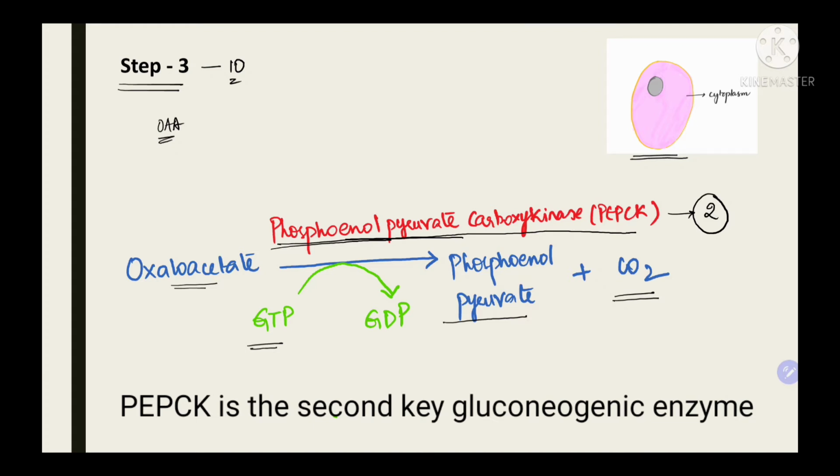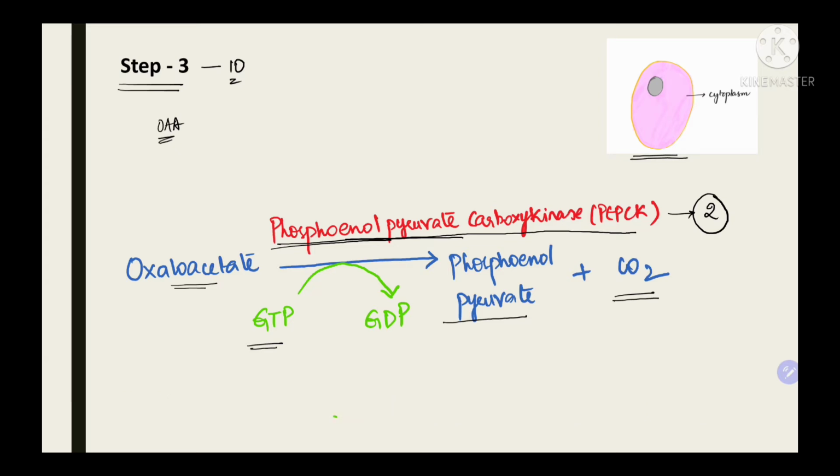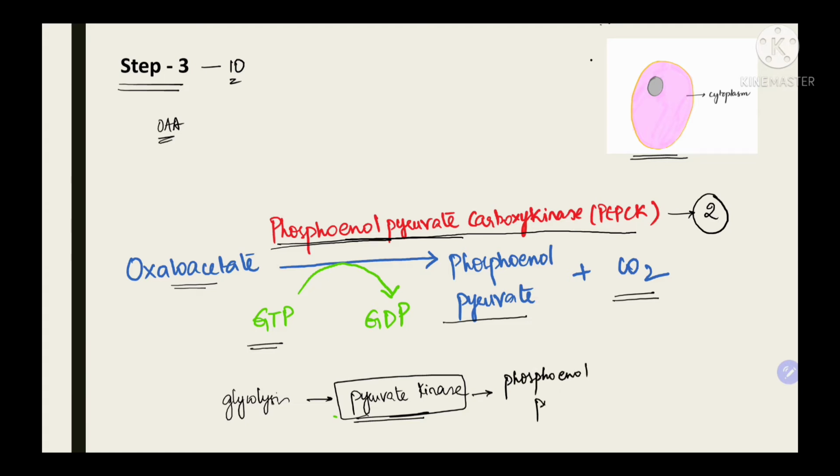One important point here is that this reaction is mainly present to overcome the irreversible reaction in glycolysis that is catalyzed by pyruvate kinase. So in glycolysis, the reaction catalyzed by pyruvate kinase, in which phosphoenol pyruvate is converted into pyruvate, is an irreversible reaction.